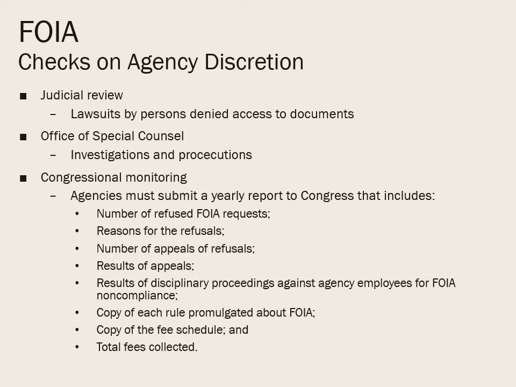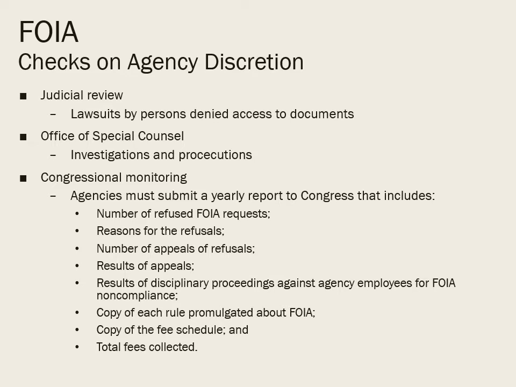If the court feels that the agency failed in its FOIA obligations, it will order disclosure of records, it will hold the agency in contempt, and it can even award attorney's fees and costs to the requester. There is also the Office of Special Counsel, an independent investigative and prosecutorial agency.